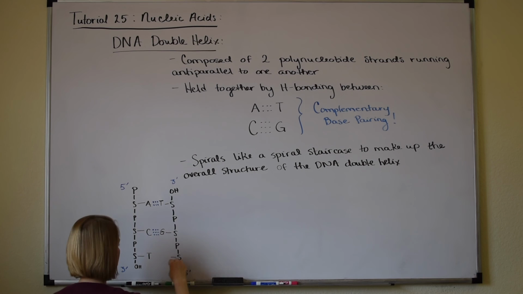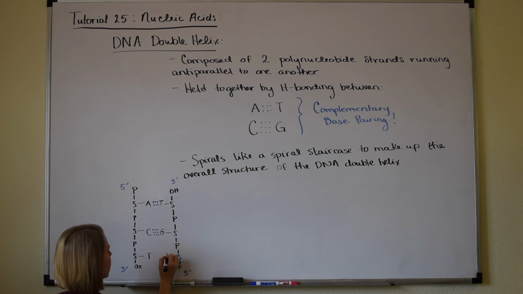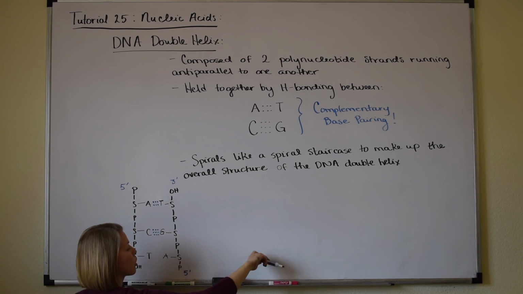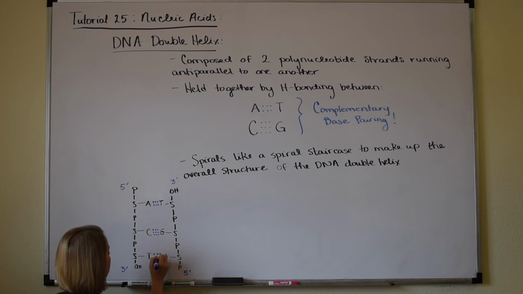Okay. And what base must be here? Well, it's got to be A, because our complementary base pairing with thymine has to be to adenine. So then I'll put 1, 2 hydrogen bonds there as well.